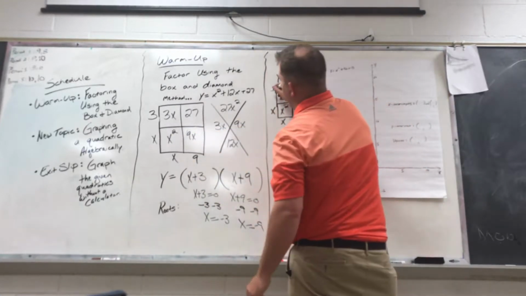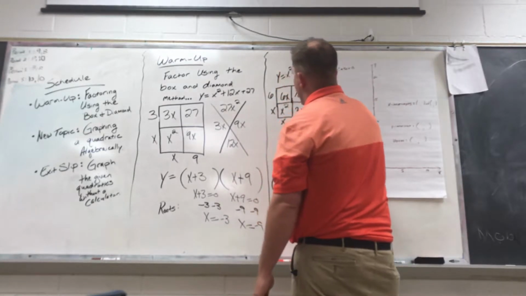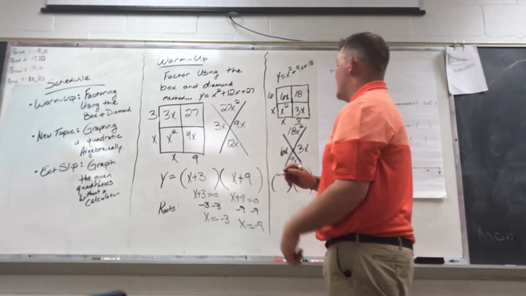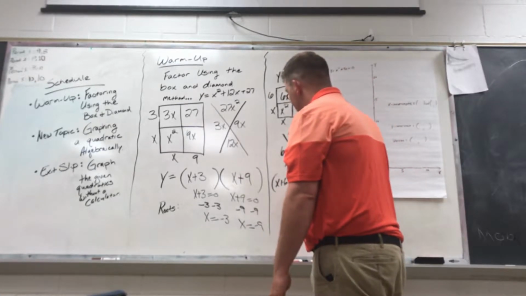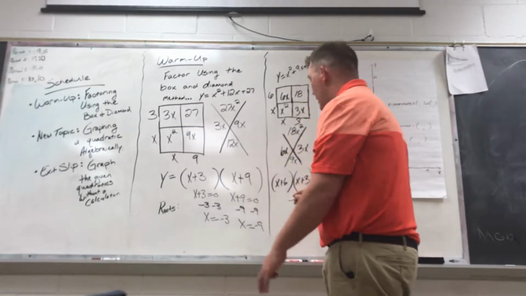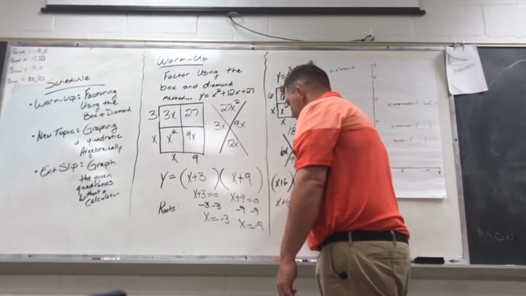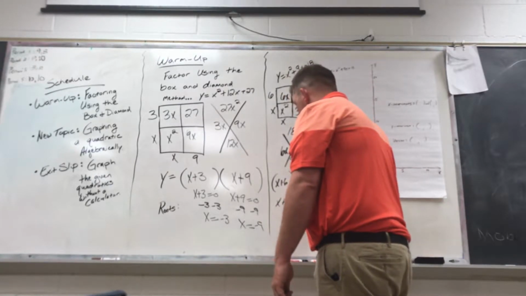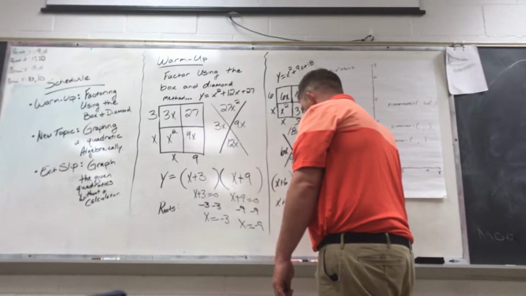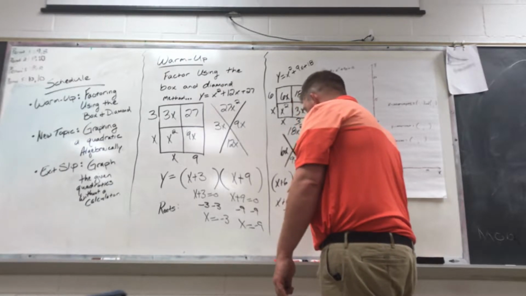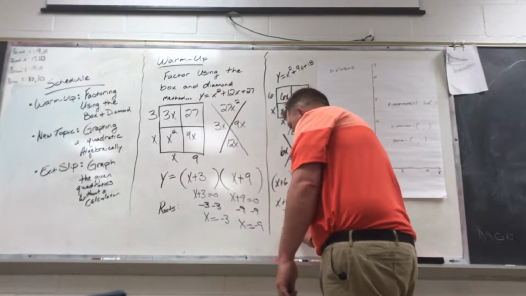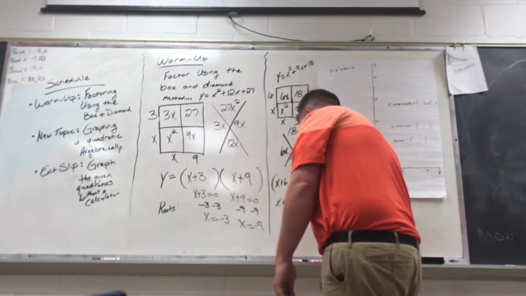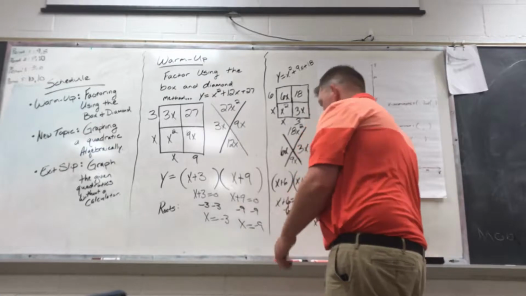X times 6 is 6x, x times 3 is 3x. So they would realize that the factors are x plus 6 and x plus 3. And they could set those equal to 0 as well, just like in the warm-up. So x would be -6 and x would be -3.